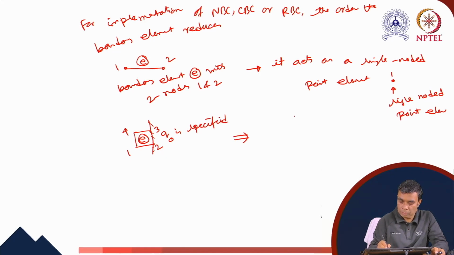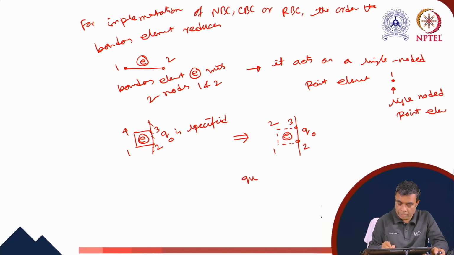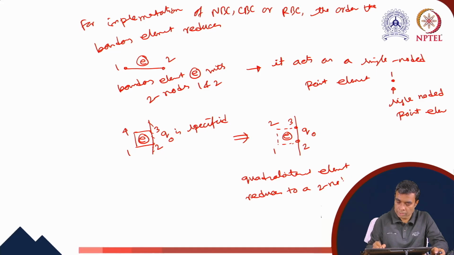This reduces to nodes 2 and 3, Q0, element E. So the quadrilateral element reduces to a 2-noded bar element 2, 3 as shown above.